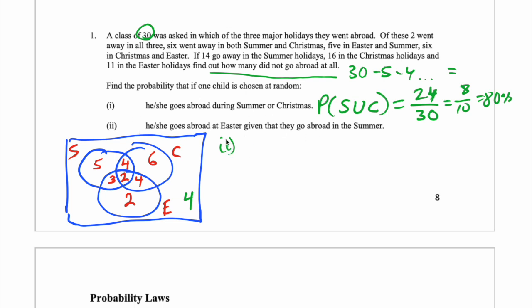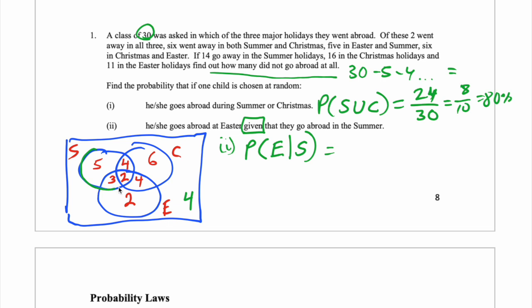Number 2, he or she goes abroad at Easter given that they go abroad in summer. So the word given means that's a conditional probability. We're working out the probability of Easter given they go away for summer. If you want to do it from the Venn diagram, you just look at the summer people.